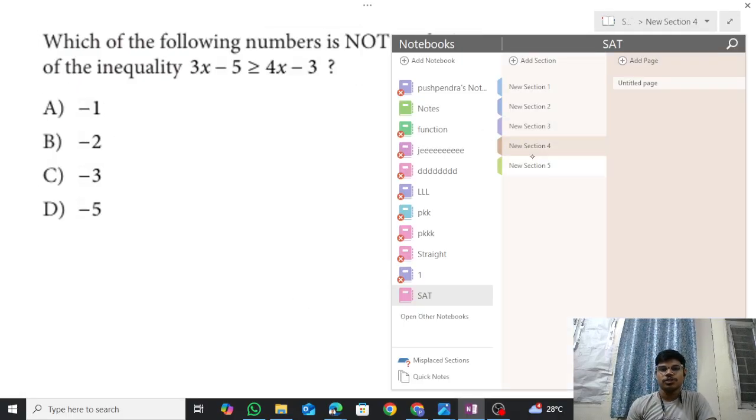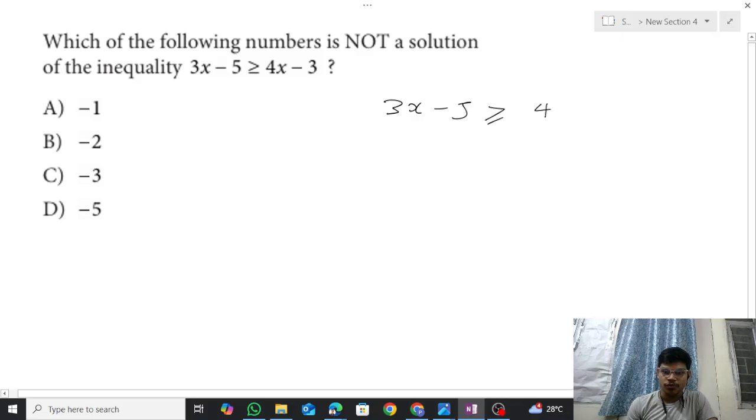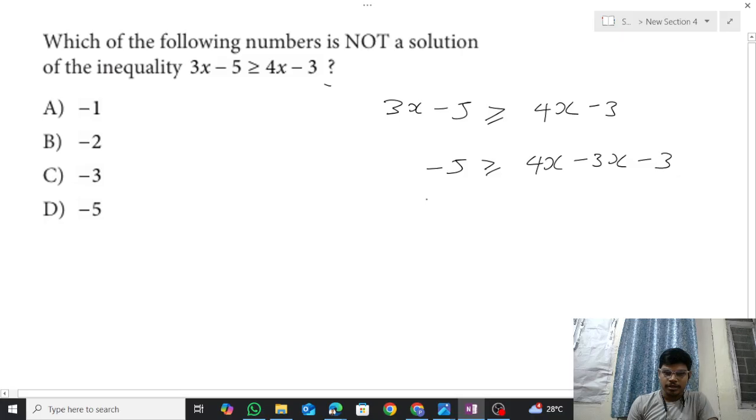Okay, let's move to question number 4, and that is also very easy. Which of the following numbers is not the solution of the inequality? We have the inequality 3x minus 5 is greater than or equal to 4x minus 3. I need to calculate the condition on x and verify which x is not following this inequality. So minus 5 plus 3 is greater than or equal to 4x minus 3x.